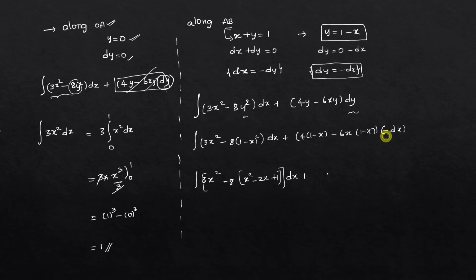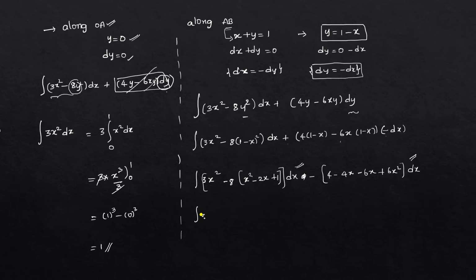Plus into minus will become minus, so write it here: minus 4 into 1 4, minus 4x; minus 6x into 1, minus 6x; minus 6x into minus x, it will become plus 6x square, again with respect to dx. Since it is also with respect to dx, we can combine and write it as a single equation. Solve it.